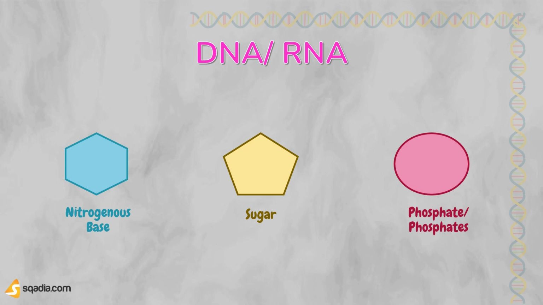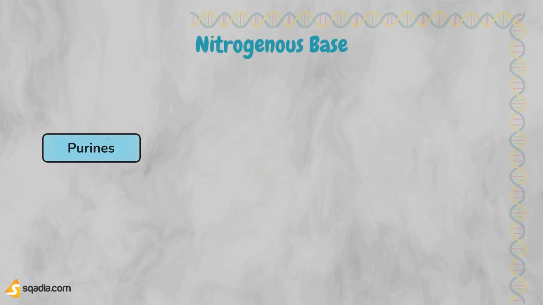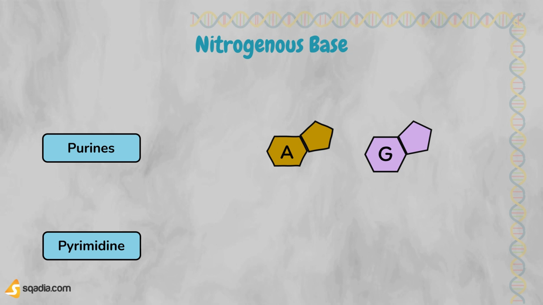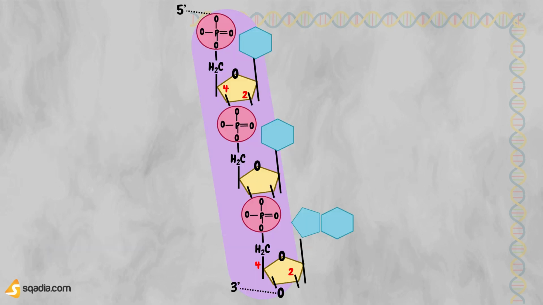The nitrogenous base is a purine, which includes adenine and guanine, or a pyrimidine ring, which includes thymine and cytosine. The base is linked to the 1' carbon on a pentose sugar by a glycosidic bond from the nitrogen number 1 of pyrimidines, or the nitrogen number 9 of purines.